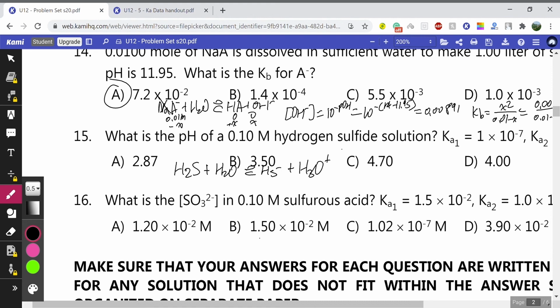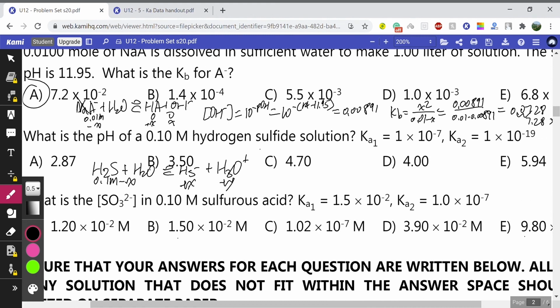Now we have 0.1 molar minus x, so plus x, plus x. So we'll have Ka is equal to x squared divided by 0.1 molar minus x.